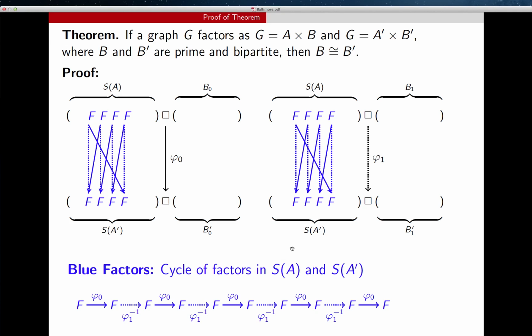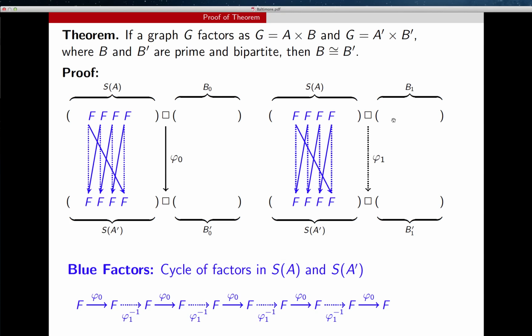Now, not every factor is going to be a blue factor, because you can imagine that maybe when you start iterating with this scheme, phi 1 inverse and so on, maybe you get a phi 1 inverse that's going to send one of these over to B1, for instance. That didn't happen here.